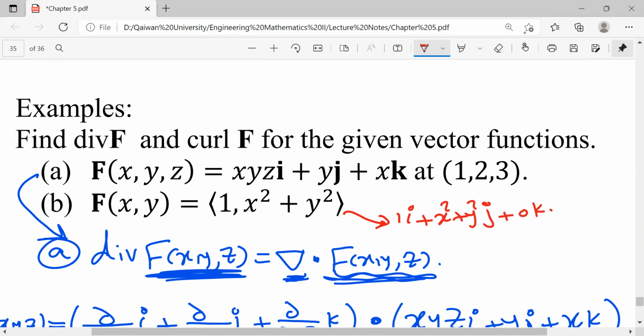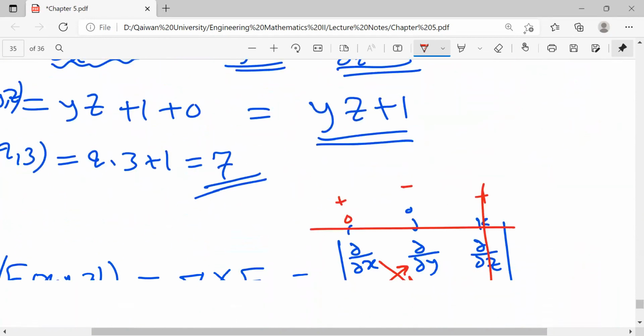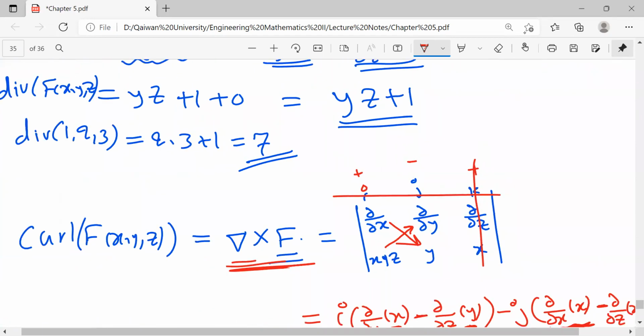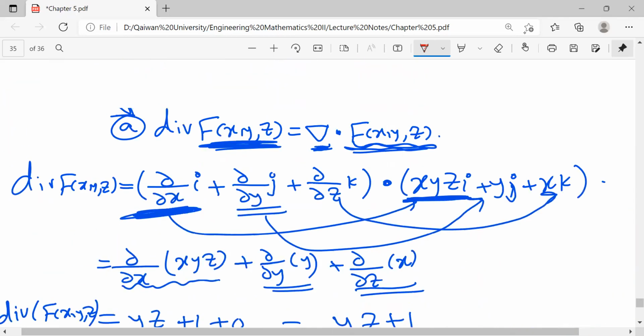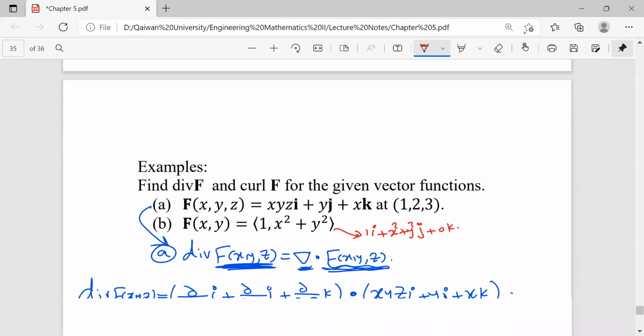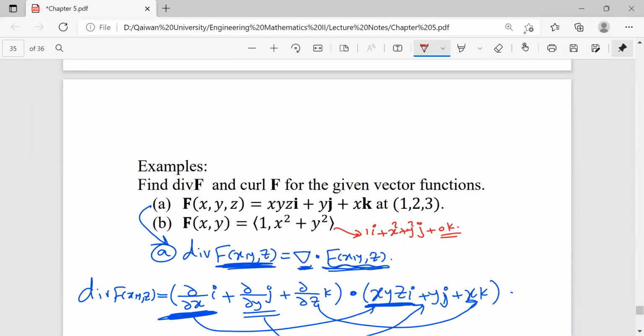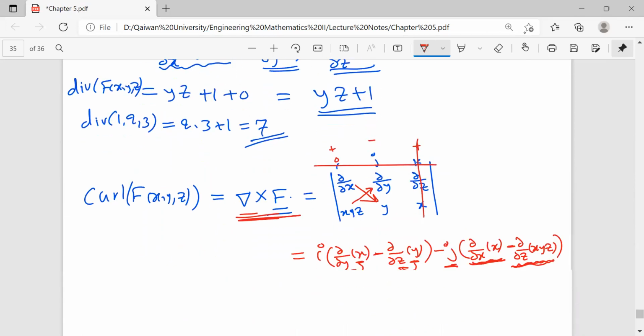You should write down the third component, because the matrix must be 3 by 3, then we can find its determinant. Since we have no k component there, we write down 0k. Then do the same as we did.